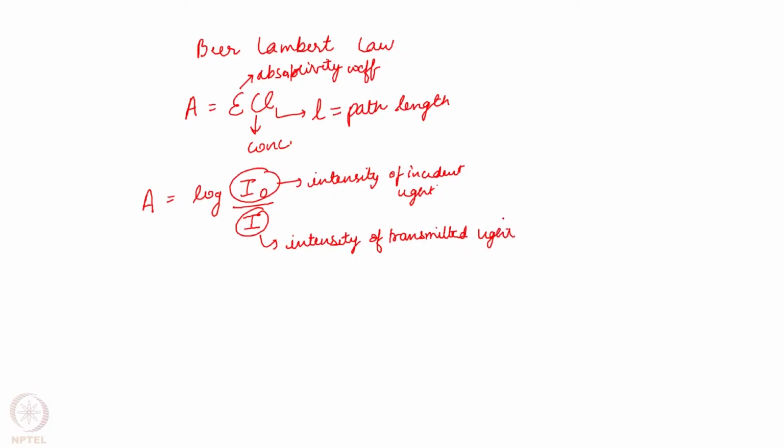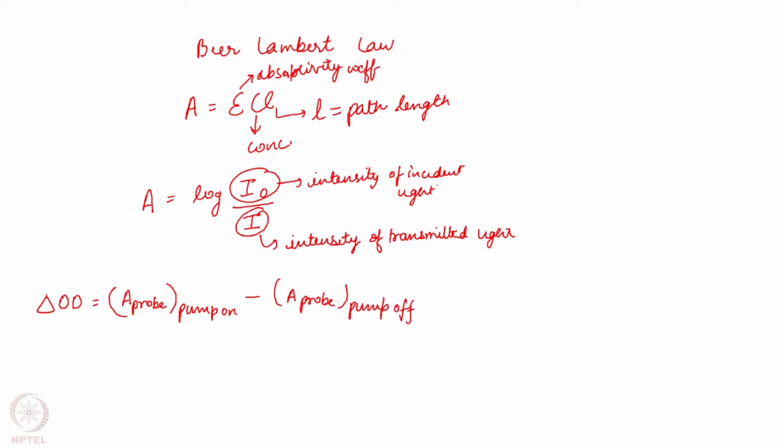Now what we are calculating in pump probe spectroscopy, delta OD, is the absorbance of the probe when the pump is on minus the absorbance of the probe when the pump is off.